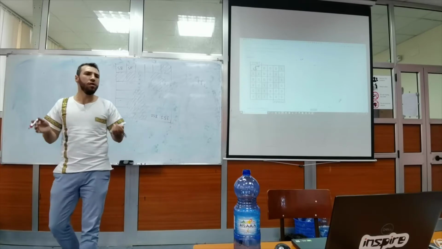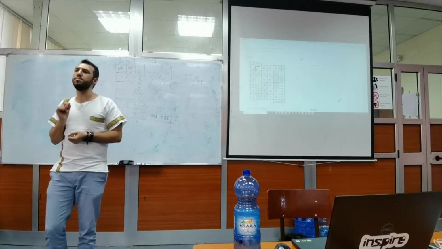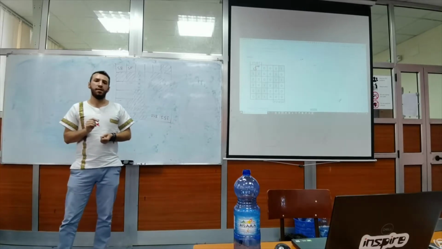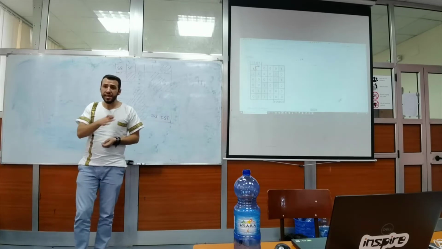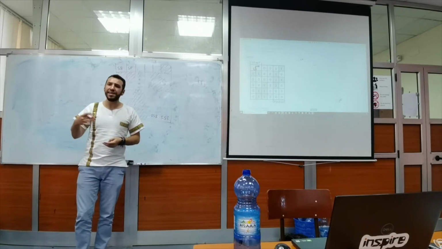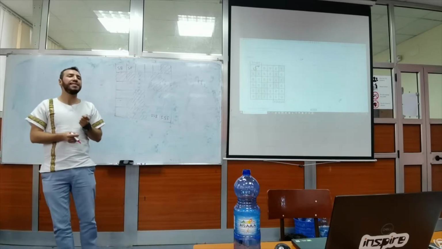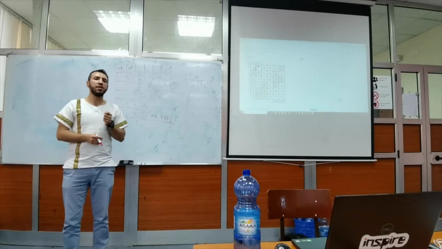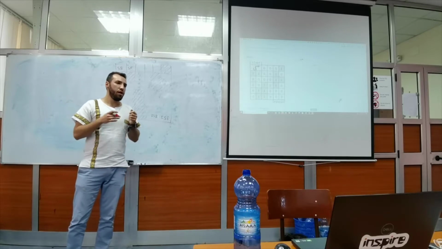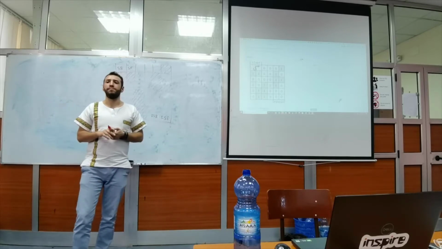Because without trying all the ways, you cannot guarantee that a path is minimum with DFS, right? But with the help of BFS, since you visit things by their distance from the starting point, whenever you reach a point, it is guaranteed that that point is reached through the minimum length or shortest path.